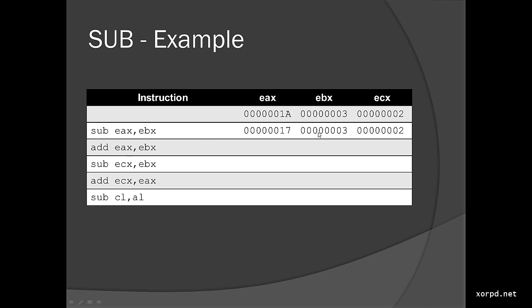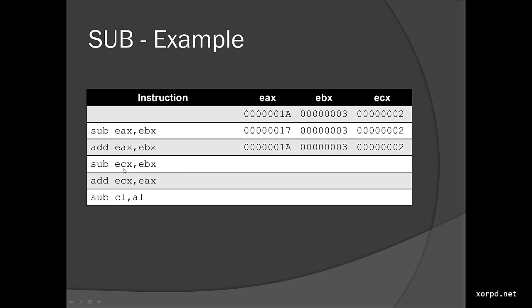If we literally look at it, we are going to add 3 to 17, which is going to be 1A in base 16. And we get this 1A. If we look at it a bit more generally, these two instructions complement each other. They do the opposite. This one subtracts and this one adds.